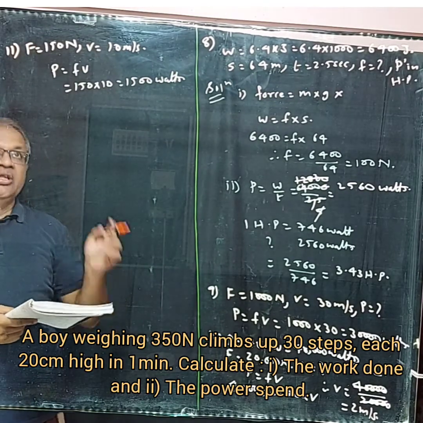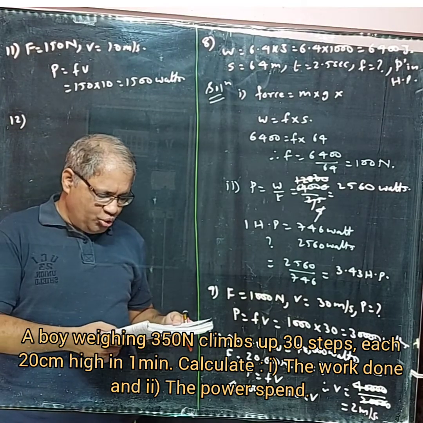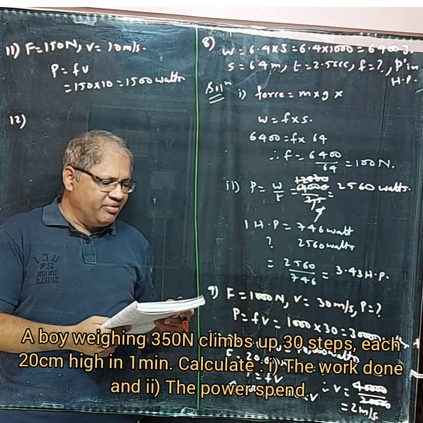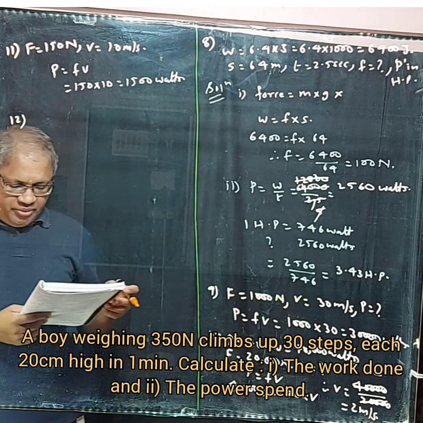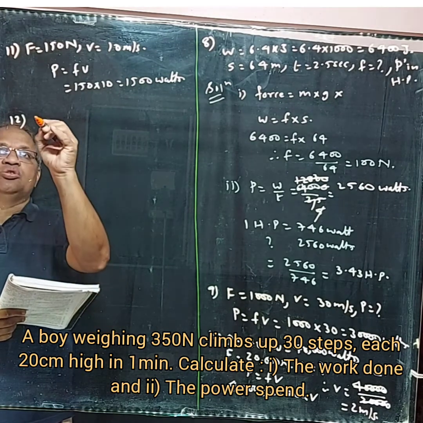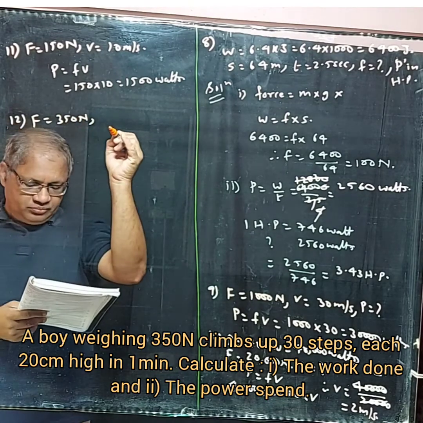Alright. Then 12th sum. A boy weighing 350 Newton climbs up 30 steps, each 20 centimeter high in 1 minute. Calculate the work done and the power spent. So now over here the weight of that boy is given, or the force. Force is 350 Newton.